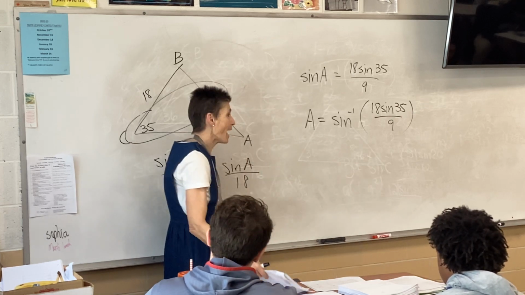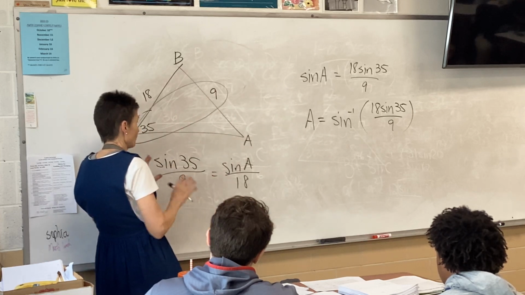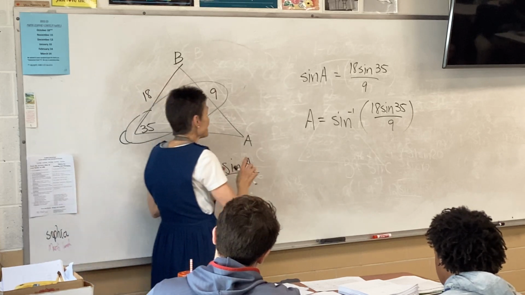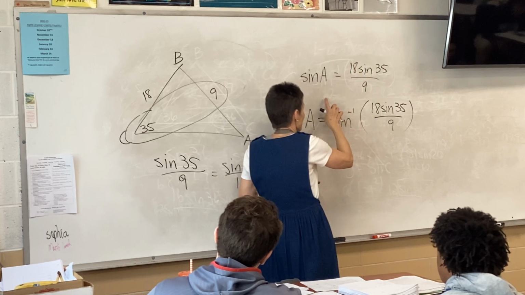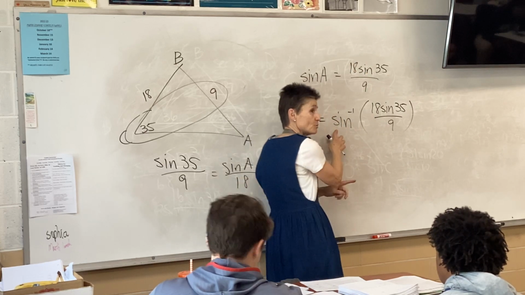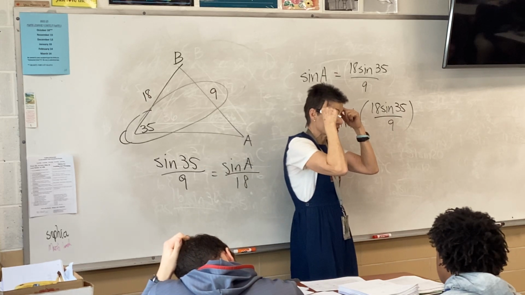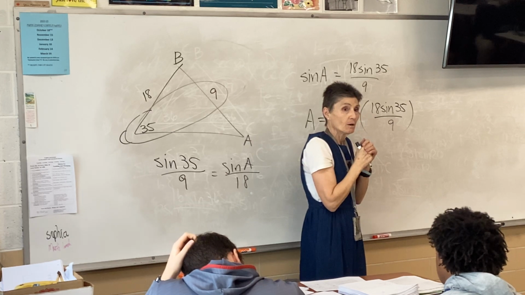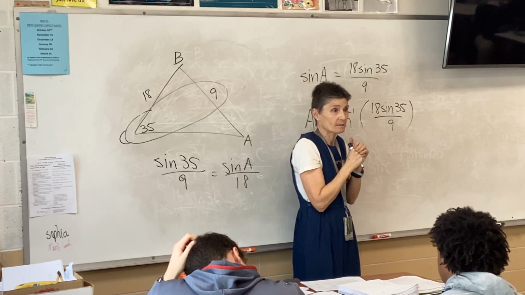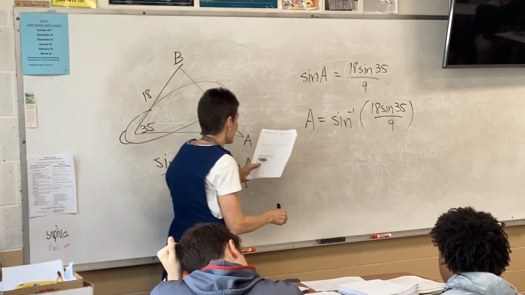So you have to remember that when you set up your problem, if you come up with something that looks like this, so that you're going to have to do second sine, that's your alert that, oh my gosh, I have to check to see maybe there's 2 possible answers. Okay, guys, that's when we check. All right, let's move on, let's do our word problems and see what we've got.